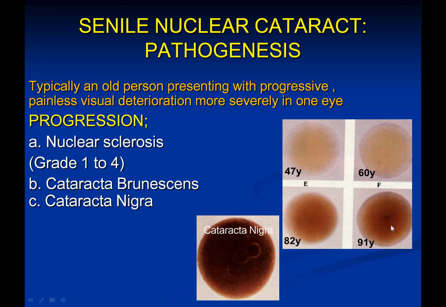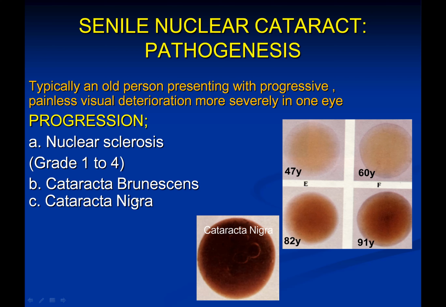After that, if the patient is not reporting for management, then the cataract becomes more and more dense and dark brown, known as cataracta brunensis, brunescens. Both are names for it, cataracta brunensis and brunescens. And if still delayed further, the whole complex of the nucleus becomes black and is known as cataracta nigra.